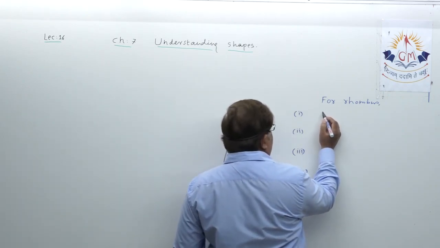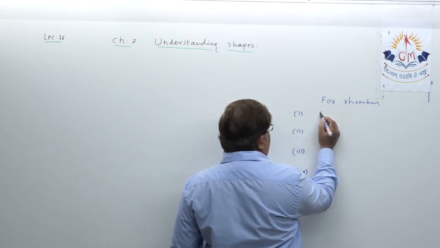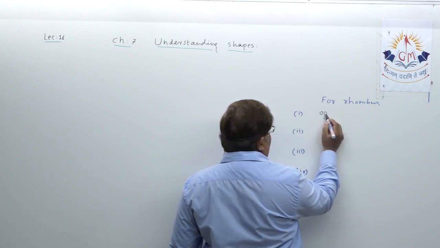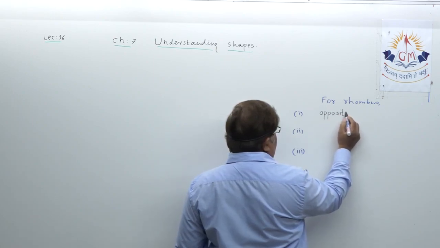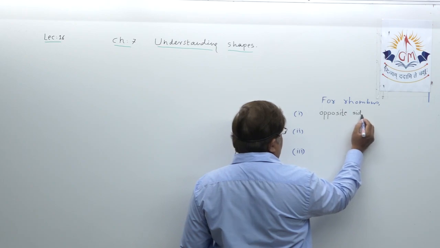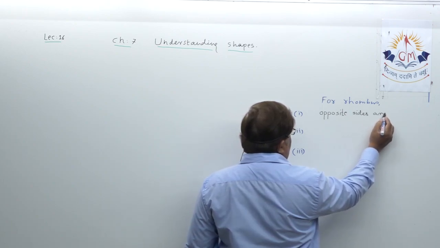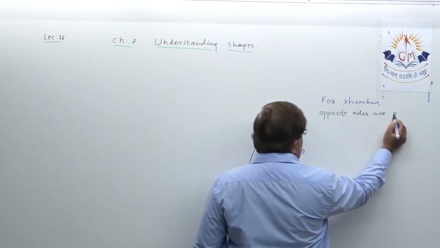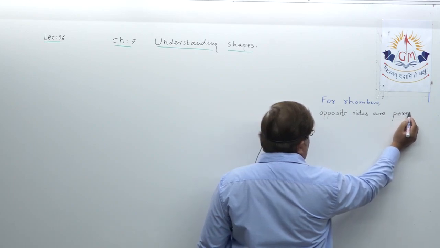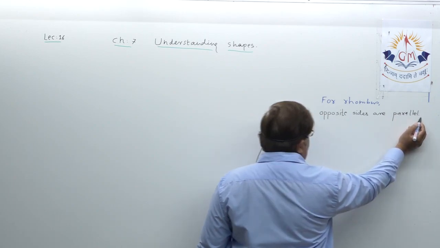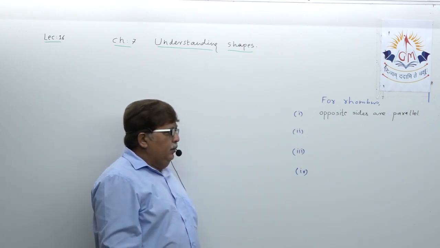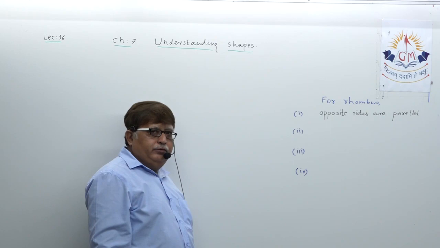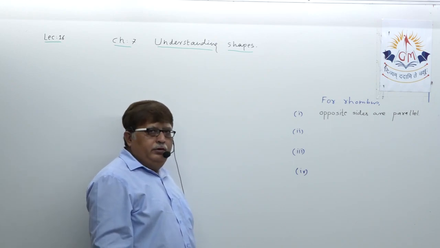The first one, if I just list out, what is that? Opposite sides are parallel. You just also make a note of this. Opposite sides of rhombus are parallel.